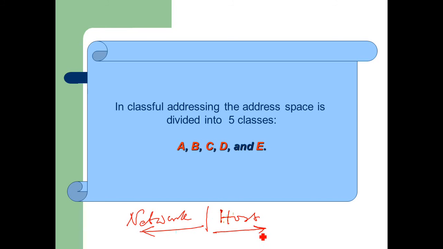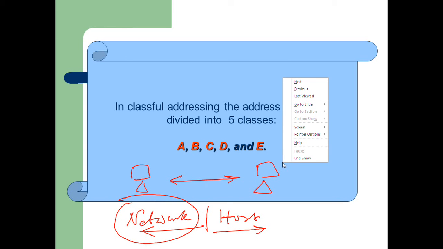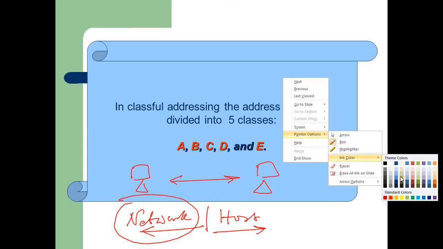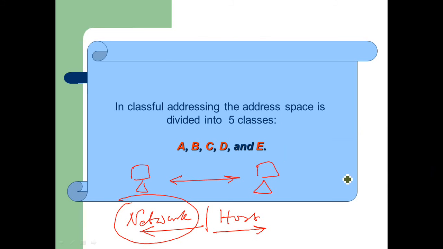Now I need to have one golden rule: for example, when 2 hosts or 2 devices are communicating with each other, the basic rule is that their network portion needs to be common. So their network ID needs to be common. So if their network portions are common, then I need to fix the network bits.